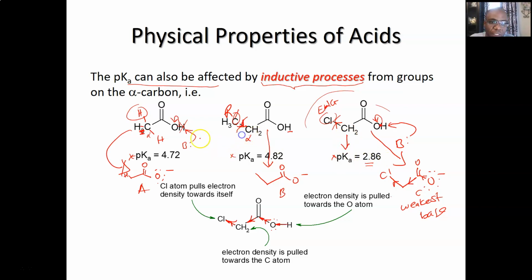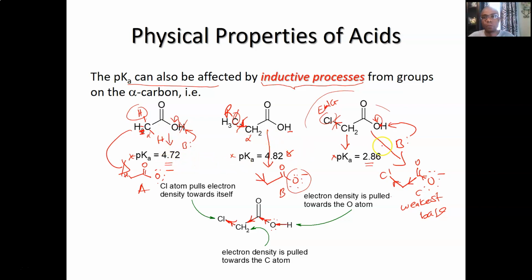If you are to compare this and this, the CH3 is donating electrons more than the hydrogen. So this structure B will have more electron density around the oxygen, so it's going to be the weaker acid of the three because the methyl is donating. If you want to get a strong acid, you have to be pulling away. The hydrogen has less donating effect, so the pKa of this ethanoic acid is 4.72.